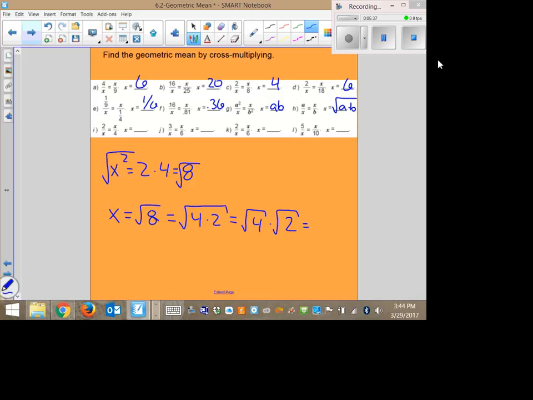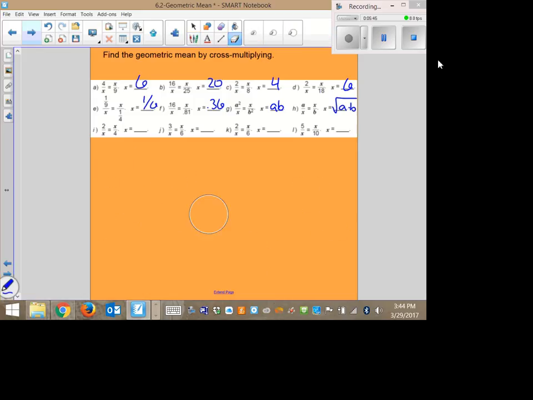And the square root of 4 is 2. So we can write 2 square root 2. So for I then, that is 2 square root of 2. For j, we're going to get the square root of 18, which we can simplify to 3 square root of 2.